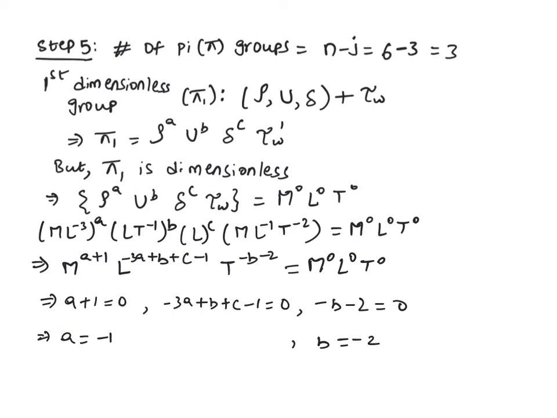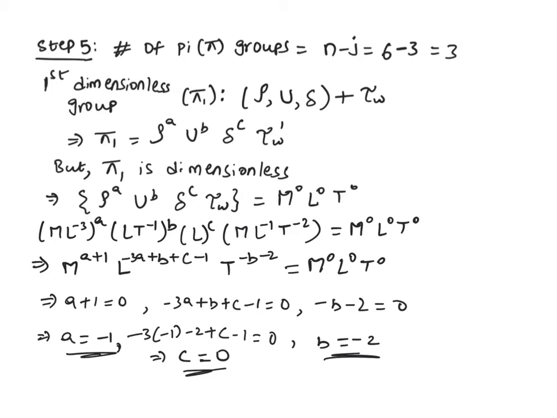If we substitute a and b into the middle equation, we get minus 3 times minus 1 minus 2 plus c minus 1 is equal to 0, which implies c would be equal to 0. Now we have the values of a, b and c. We just have to substitute that into the pi group that we have created, which is the pi 1 group.